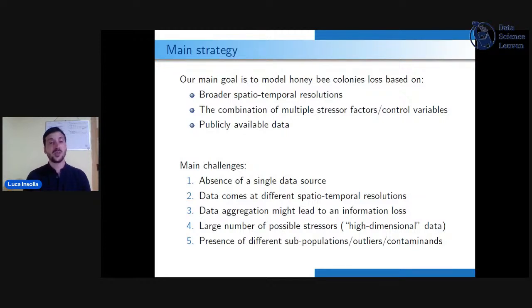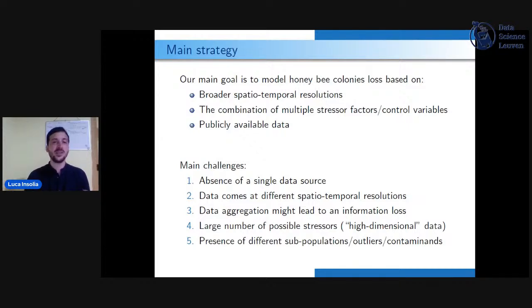This also implies that the data are collected at very different spatiotemporal resolutions, so we need to aggregate this data, and this requires extra care from a statistical standpoint, since we don't want to lose any information that might be in there. Such an aggregation phase would provide the so-called high-dimensional dataset, meaning that it contains several features that may be useful in describing honeybee colony loss, but we expect that only some of these are truly relevant.